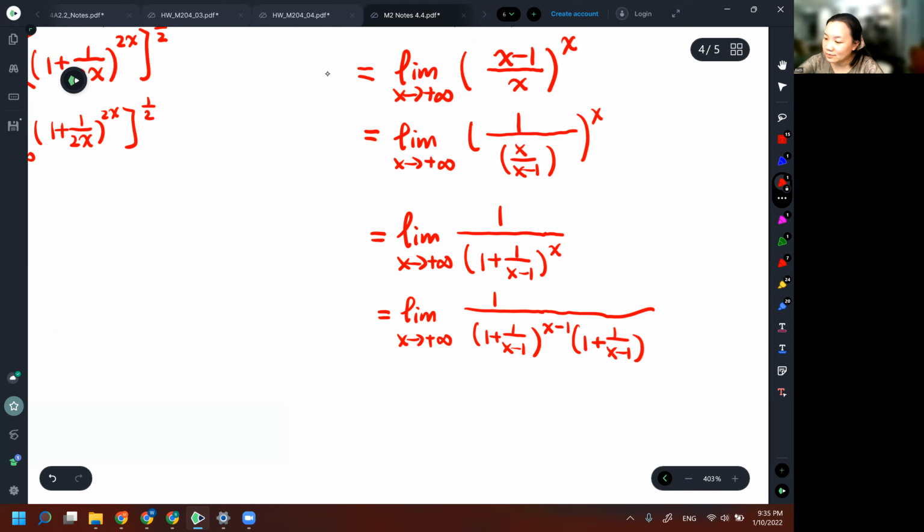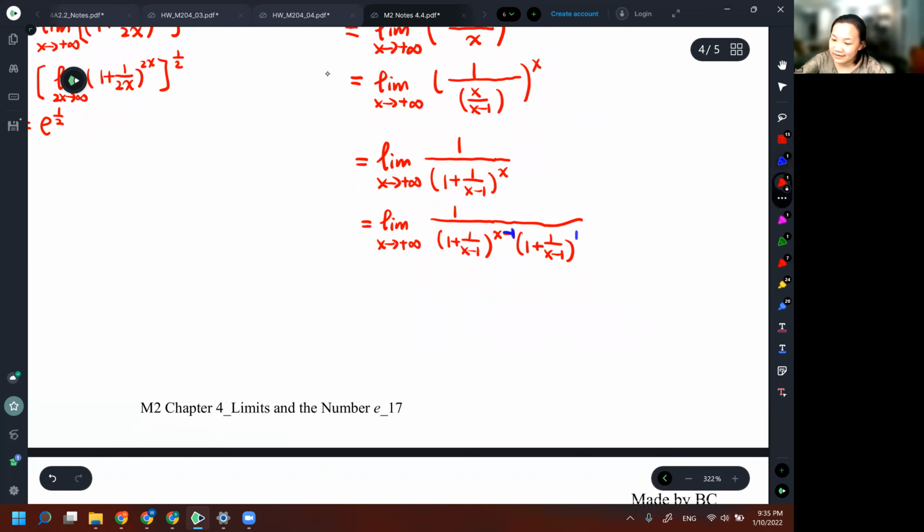Now here I did minus 1 plus 1, you see? Now here I minus 1, but then I multiply 1. So that will make x again. Does that make sense? I hope this makes sense. Okay, next one. This is equal to 1 over limit x tends to infinity of 1 plus 1 over x minus 1 to the power x minus 1, times 1 plus limit x tends to infinity of 1 over x minus 1.